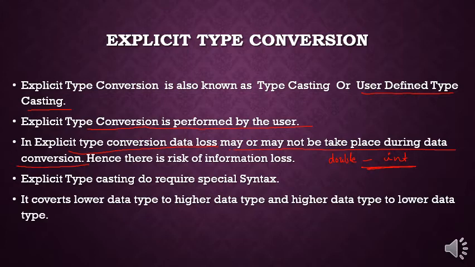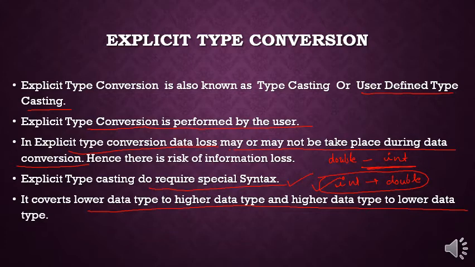But whenever you are converting int into double, then here is no risk of a loss of information. Next is, explicit type conversion does require a special syntax. Means a special rule is there for the explicit type conversion. Next is, it converts the lower data type to higher and higher data type to lower data type.